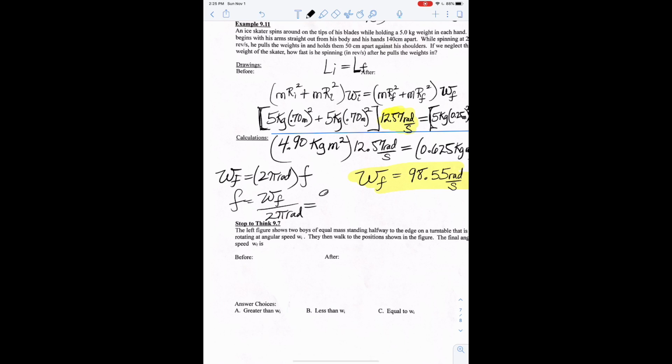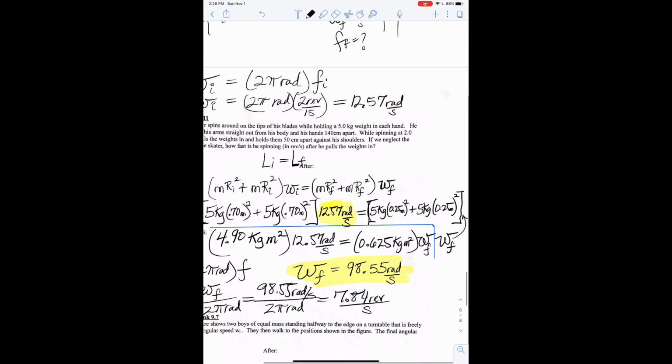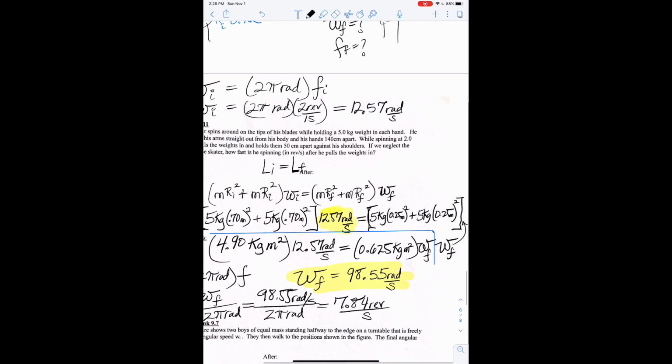So 98.55 radians per second divided by 2 pi radians is going to equal 7.84 revolutions per second. So that's spinning pretty fast, right? Almost 8 times a second. Yeah, that's cruising.